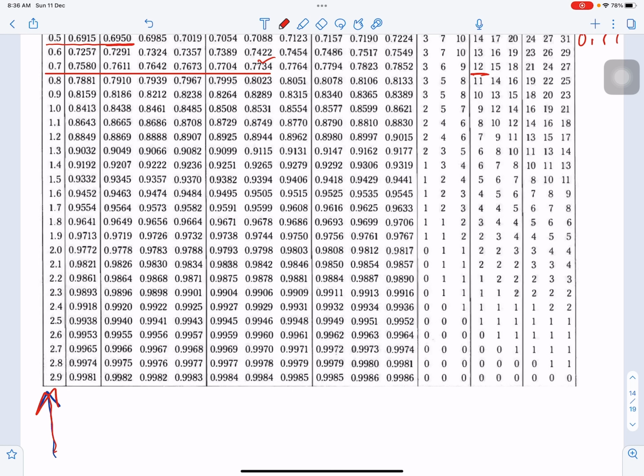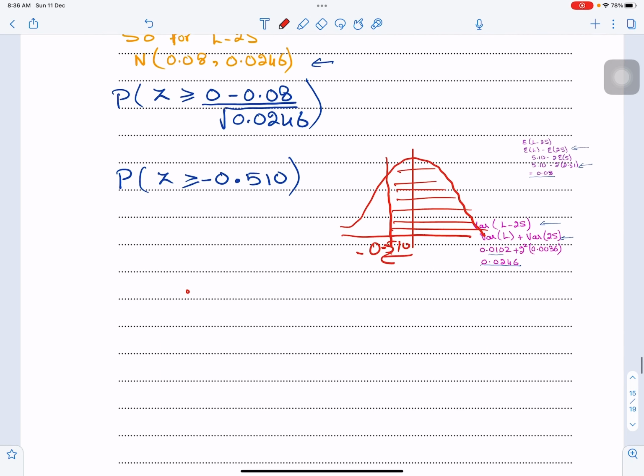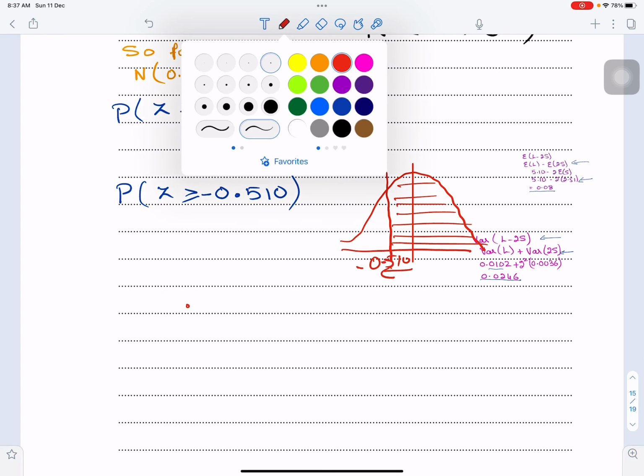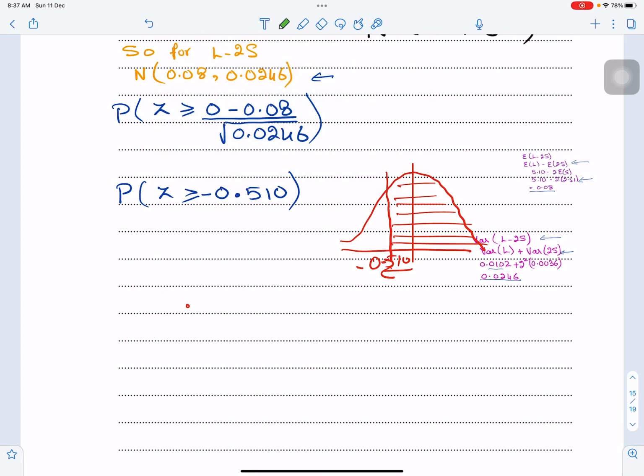So what we will do, we will make use of the concept of symmetry. So here I will have 0.510. This red area which I have highlighted will be equal to this one. Yes or no? So to calculate this value, I can say it is equal to the probability of z less than or equal to 0.510.